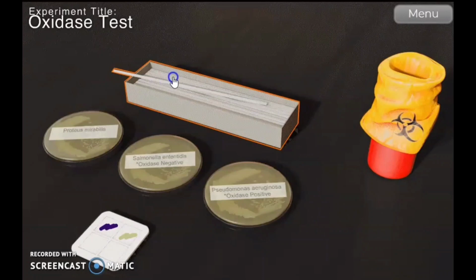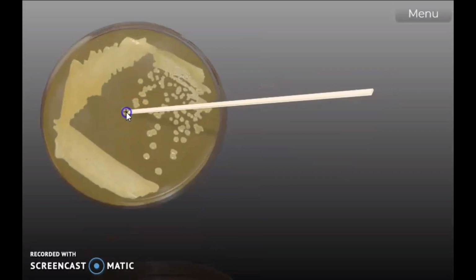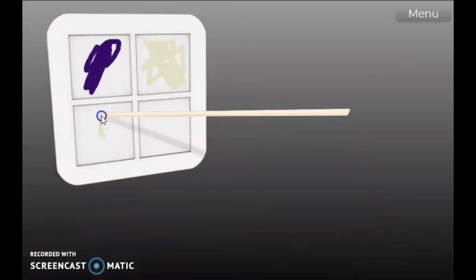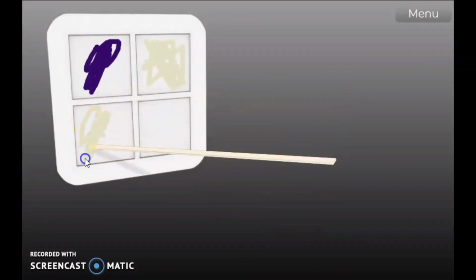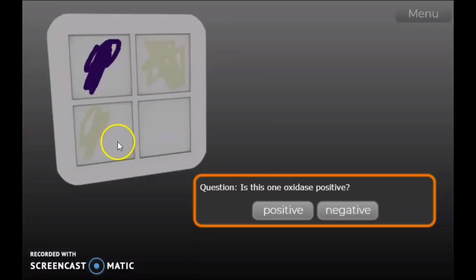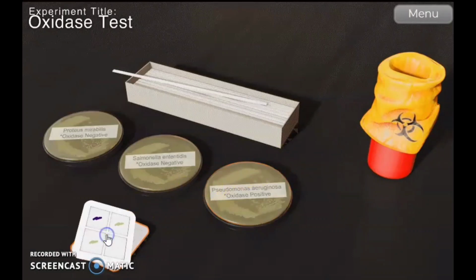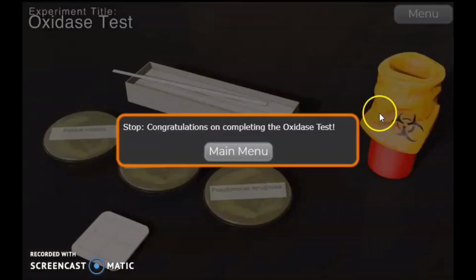And lastly, this is the negative too. Dispose of the slide, and we are already done.